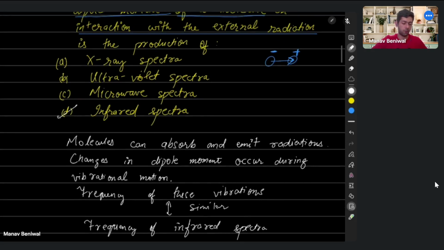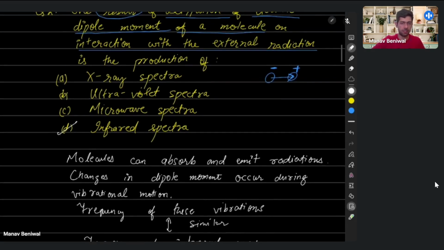So when your dipole moment interacts with an external field E, the frequency that we get for the molecules corresponds to the infrared region.